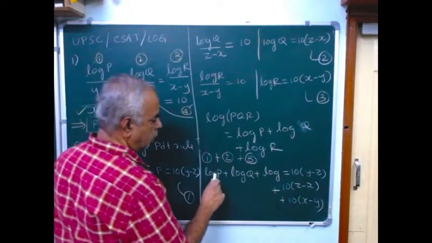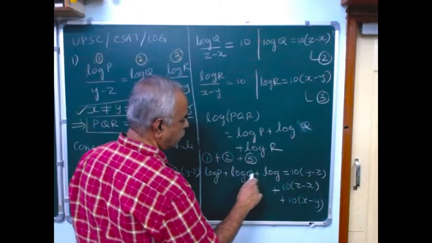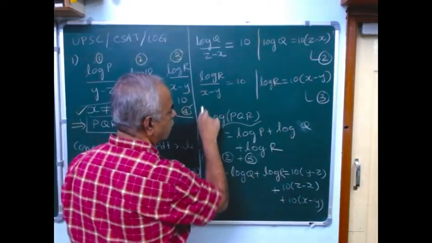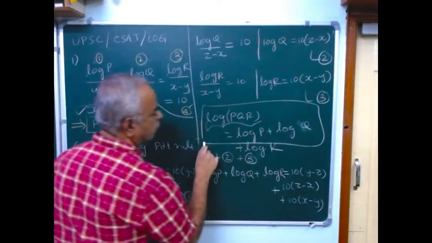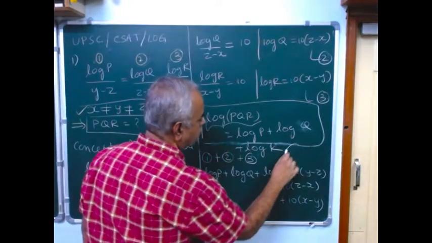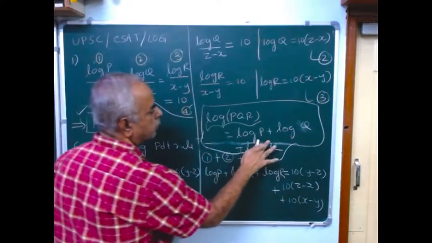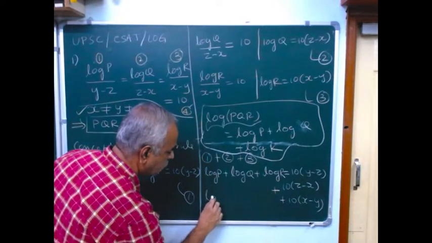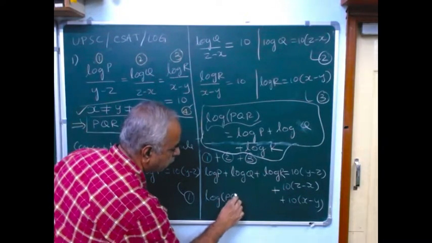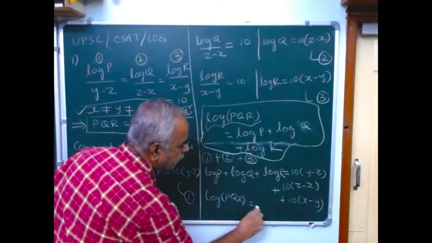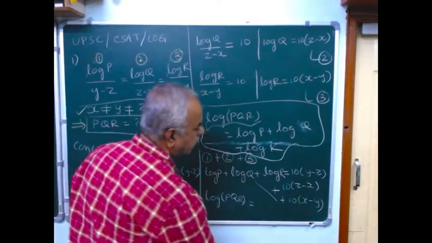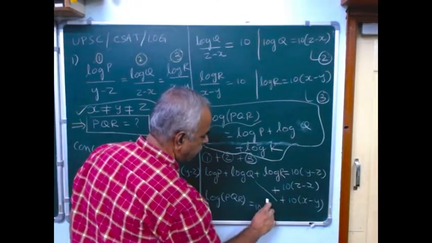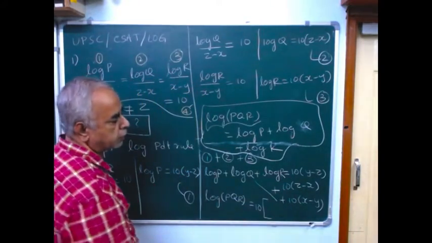Now log P plus log Q plus log R is equal to log PQR according to our definition. So we can convert this as log of PQR by applying the product rule, that is equal to, and here 10 is common, so you can take it outside the bracket, and the remaining terms can be added.